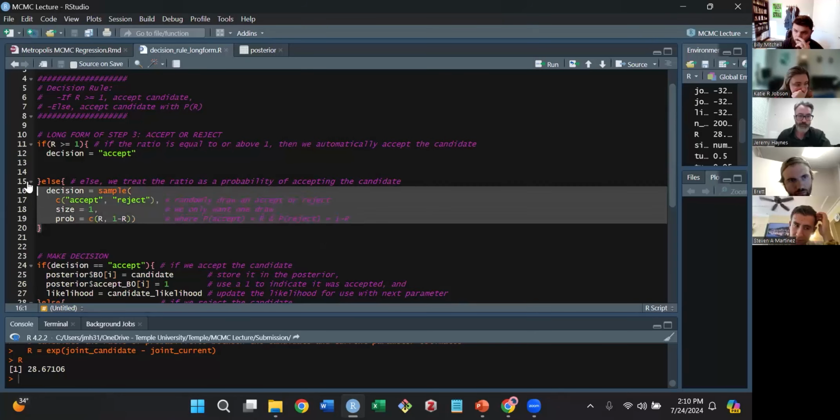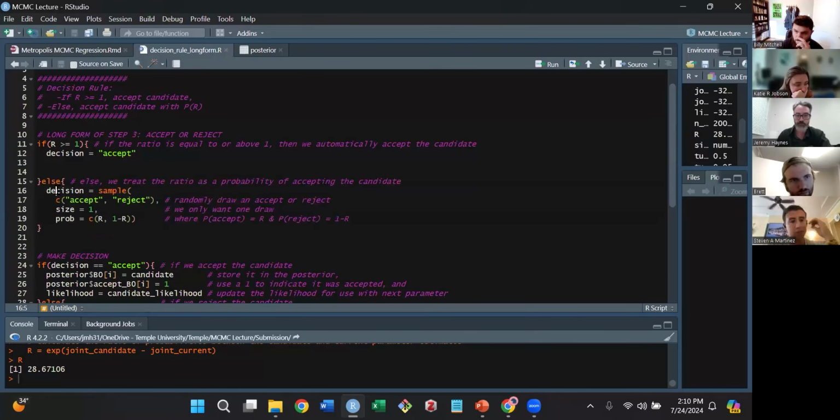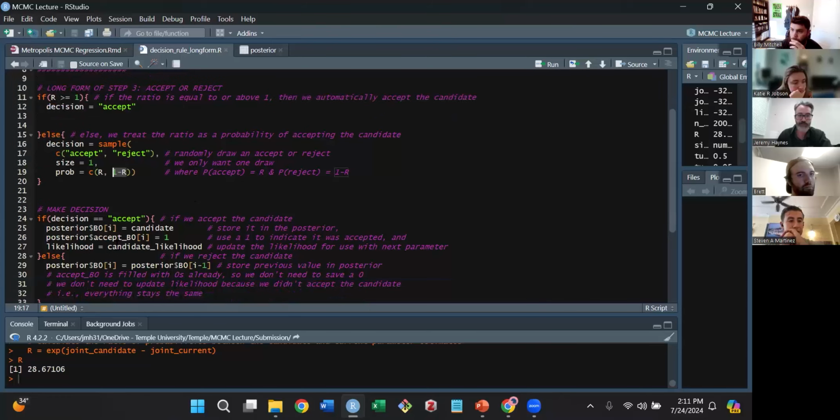And that's what this code does. It determines whether we're going to accept or reject this candidate value with probability R. Hopefully this isn't more confusing than the other code, but basically we're saying decide whether to accept or reject this value with acceptance probability of R and a rejection probability of 1 minus R, and just pick one of those according to those probabilities.